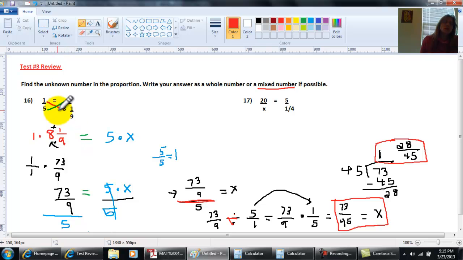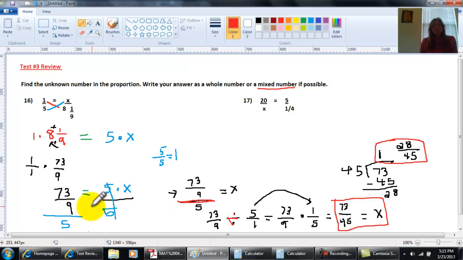So we set up 1 times 8 and 1/9, set it equal to the 5 times x. Then you take the 8 and 1/9 and make it an improper fraction. Then you take your improper fraction, set it equal to the 5x, and divide both sides by 5.